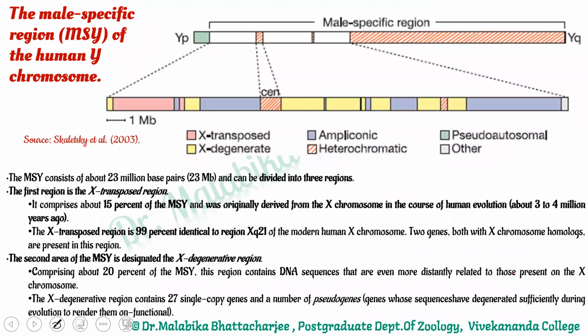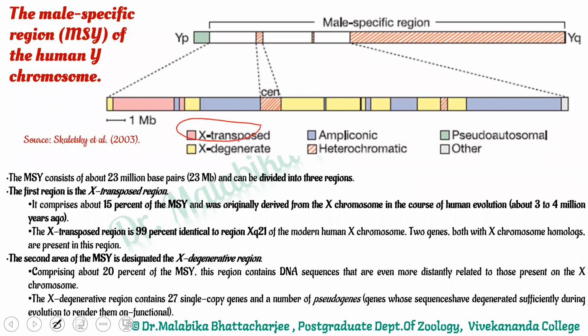And finally, this is a picture which I've taken from Skaletsky et al. in 2003. This picture shows us the MSY region in an elongated manner. If you can see the male specific region of the human Y chromosome, there is this X transposed region.